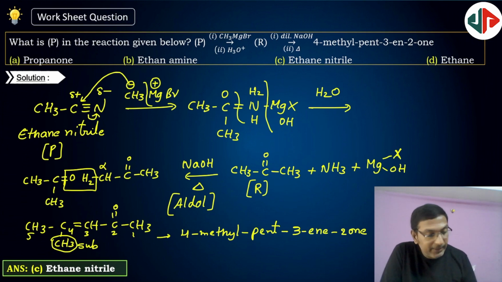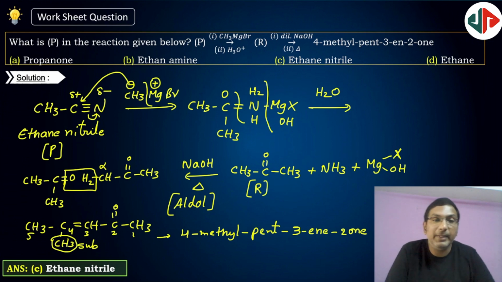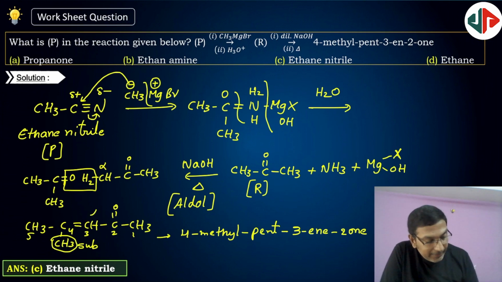So this is the given compound. First I have taken P as ethane nitrile, which on reaction with Grignard's reagent followed by hydrolysis gives ketone, which on aldol condensation followed by heating gives alpha beta unsaturated ketone.